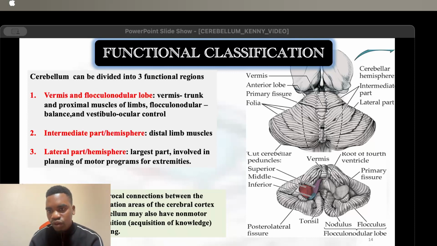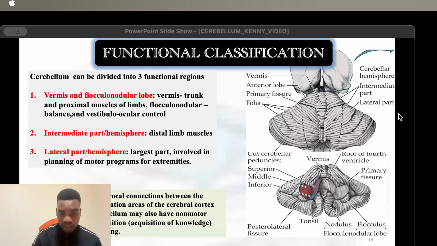And then the flocculonodular lobe will help to maintain the vestibular system, or the balance and posture, as well as the vestibulo-ocular control. Balance and vestibulo-ocular control, that is the flocculonodular lobe.